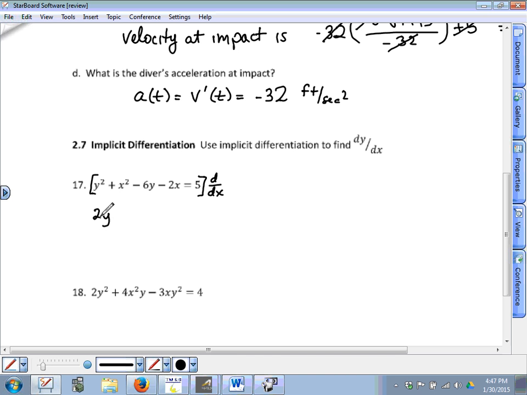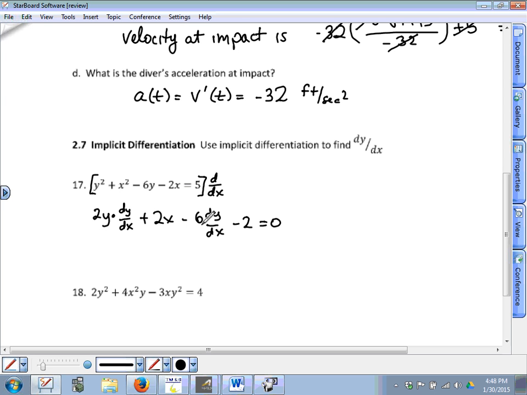So we do the outer function, which is 2y, and we multiply that by dy dx. That's the derivative of y with respect to x. Plus 2x minus 6 dy dx minus 2 is equal to 0. So that's the derivative with respect to x.